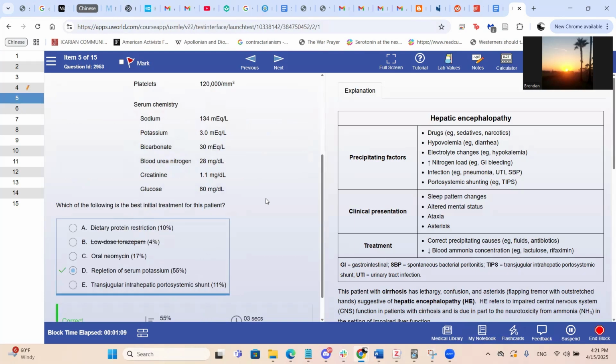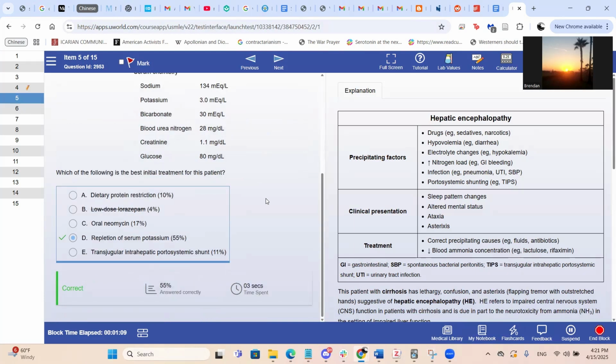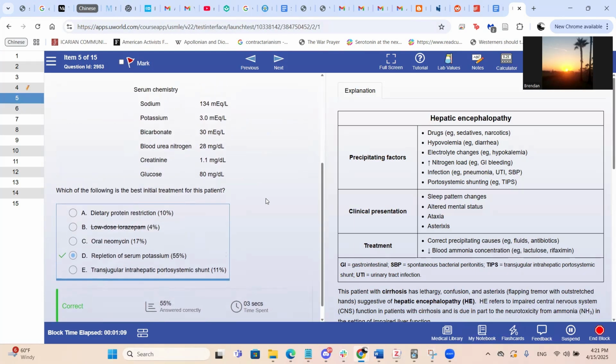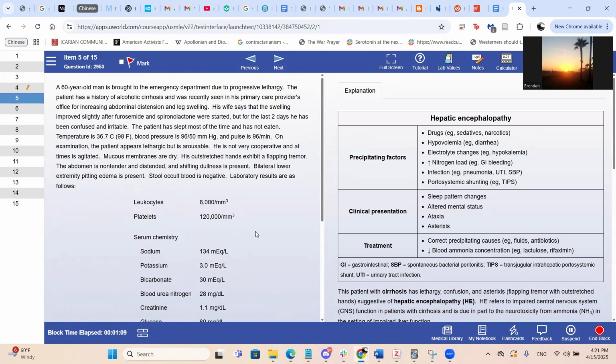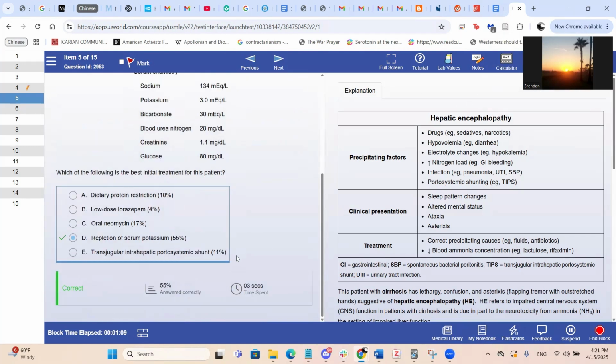So if you chose repletion of potassium, you'd be correct. This was a tough one. I'm surprised 55% of people got it right. Just remember the point I made of the twofold management plan for hepatic encephalopathy.